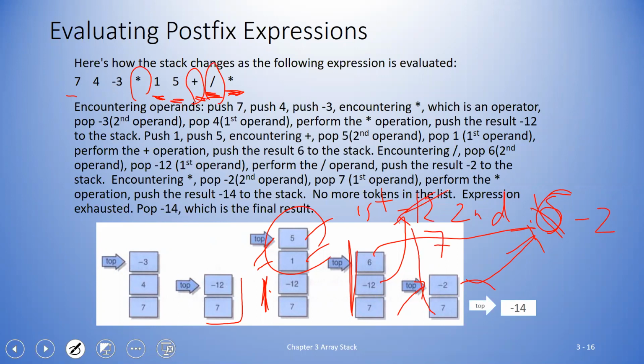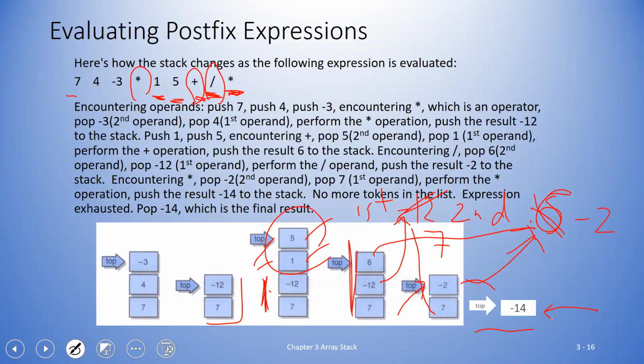So 7 multiplied by -2. That gives you -14. What do you do with -14? You push it onto the stack, and the authors in the book, they don't have this step, so I added this, okay? So you push it onto the stack. -14 is on the stack, the top one, and the only one in this case.